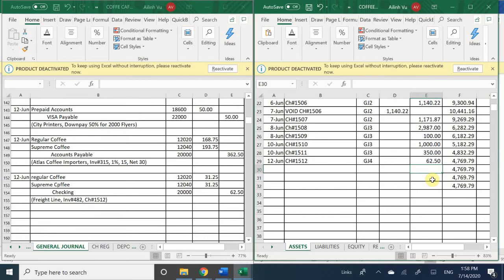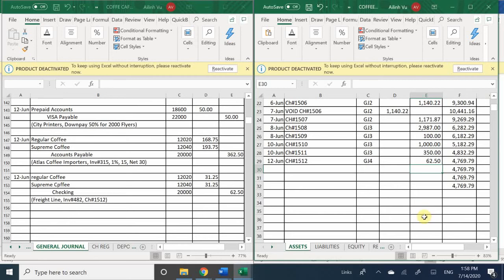We're writing a credit, so it's decreasing our amount by that much.